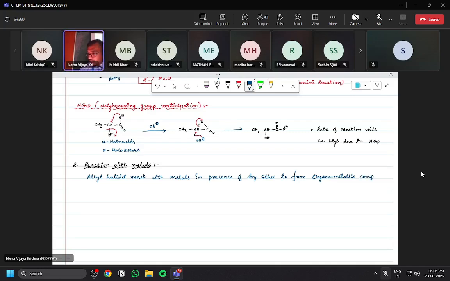What are organometallic compounds? There will be a bond between metal and carbon. So a metal-carbon bond exists. We call them organometallic compounds. All organometallic compounds are good sources of R minus. Correct or not? All organometallic compounds are good sources of R minus, right?